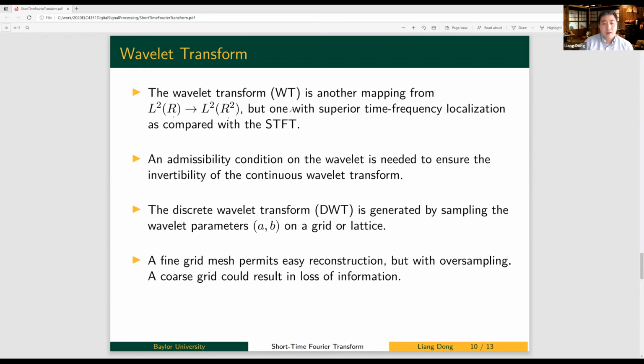The wavelet transform offers superior time-frequency localization compared with the short-time Fourier transform. As I said, it's an extension of the short-time Fourier transform, but it has a better time localization feature because you can really zoom in and zoom out in time. The admissibility condition on the wavelet is needed to ensure invertibility of the continuous wavelet transform.